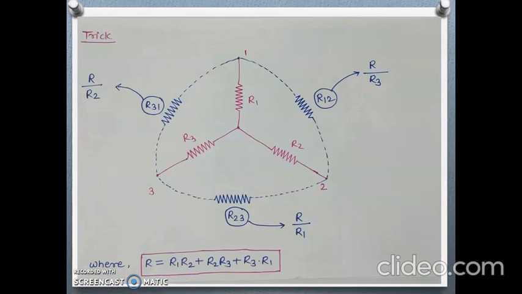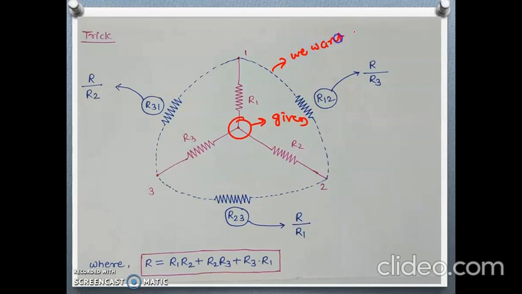Now let's see how to remember this with the help of a diagram. The star is the given network. This is the outer delta which is drawn with dotted line.